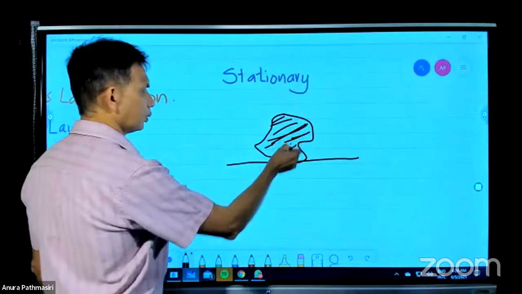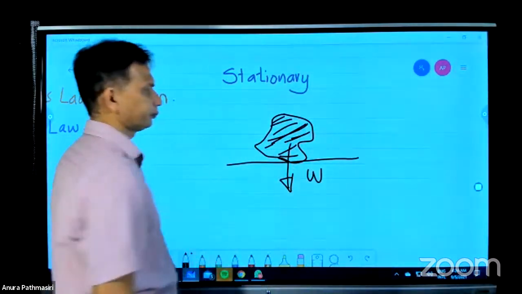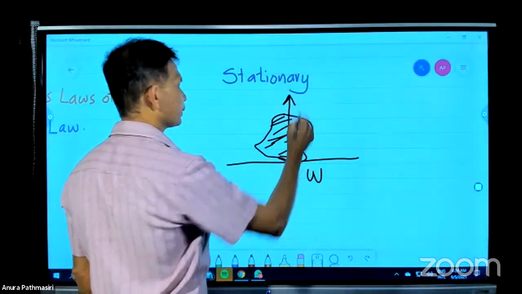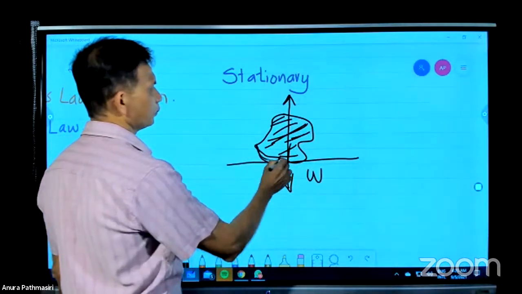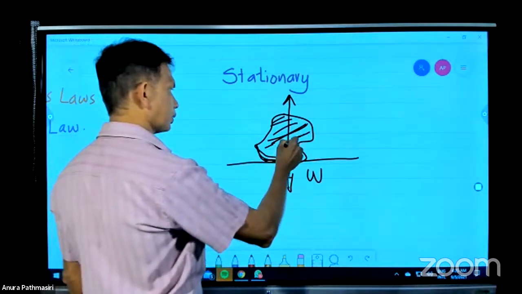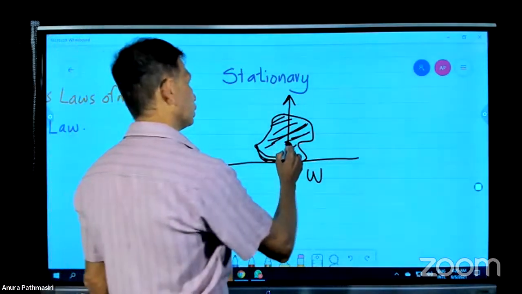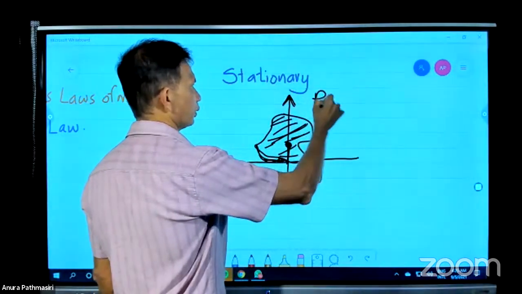One, the downward force, which is W, and the upward force exerted by the contact surface. So that is the normal reactive force, which we call R.